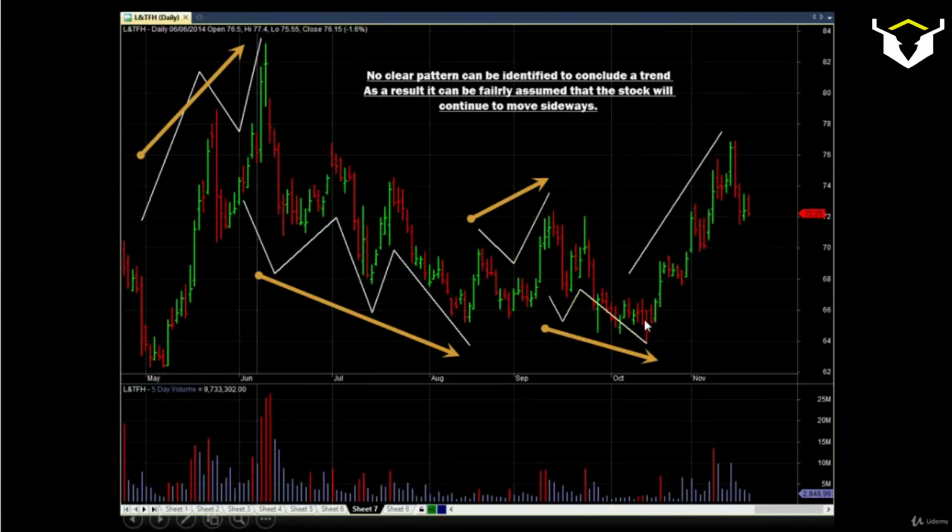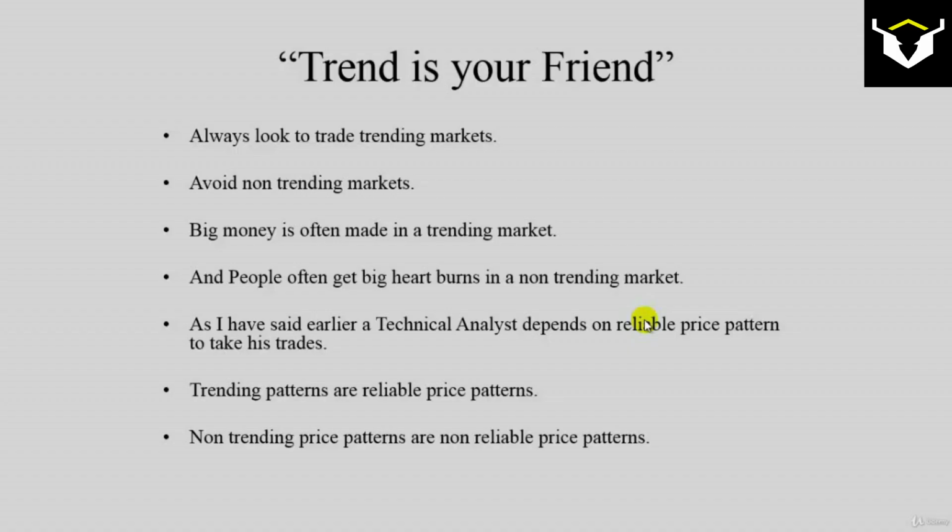Thus, no clear price structure can be identified out of this set of data, telling you that this stock has no clear tradable trend. As a result, it's better to avoid such charts.